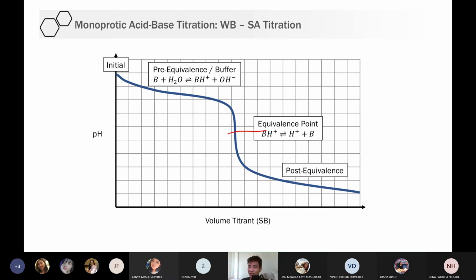Kasi ano meron tayo at equivalence point? Conjugate acid. Acid, no? Acid. Ibig sabihin, mababa pH, no? Unlike kapag weak acid, strong base, ano meron tayo at equivalence point doon? Conjugate base. Base, no? Ibig sabihin, mataas yung pH. Greater than 7. Okay?